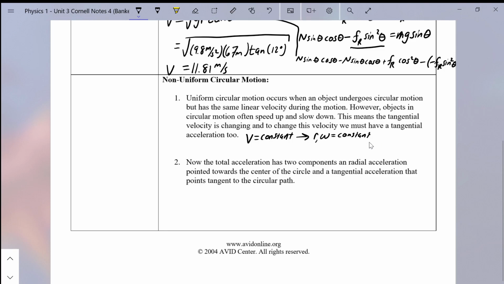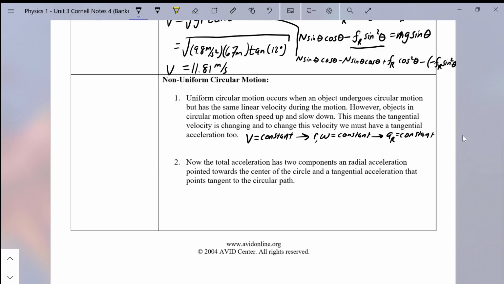And also that is related to a sub r also being constant. These are some conditions that you can look for to check if uniform circular motion is being followed, because v has to be constant, a sub r has to be constant, and r times omega has to be constant.